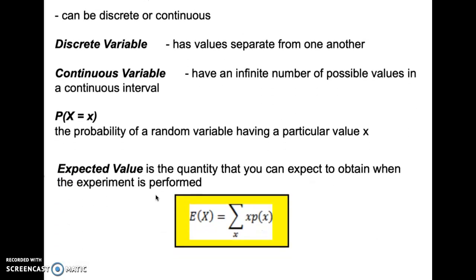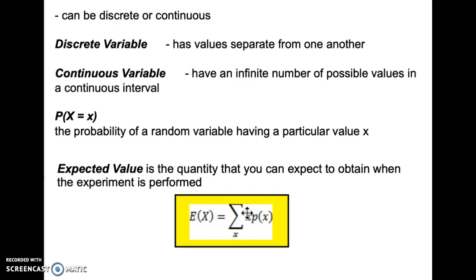The next thing we have is expected value. Expected value is the quantity that you expect to obtain if the experiment was performed over and over and over again. In other words, it's your expected outcome in the long run. The way we get expected value, which we represent as E of X, is that we sum up all the outcomes, so all the x's, times the probability of that outcome occurring.